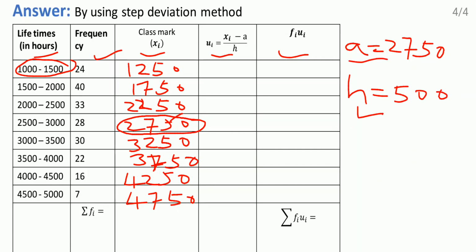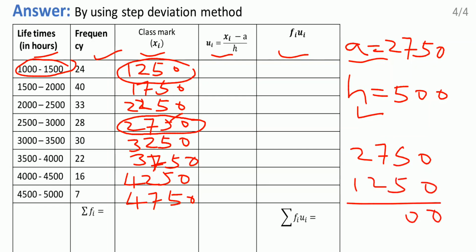Now Ui. This one is Xi, 1250 minus 2750. If we do the subtraction, 2750 minus 1250 is 1500, but it is minus 1500. Minus 1500 divided by 500 becomes minus 3.